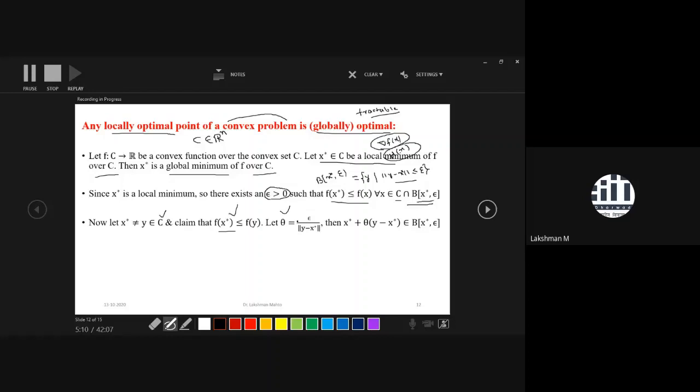We know that y is not equal to x star, so there is a positive distance between y and x star. This condition says that the distance between y and x star is greater than 0. Remember, equality will not come here because y is not equal to x star.